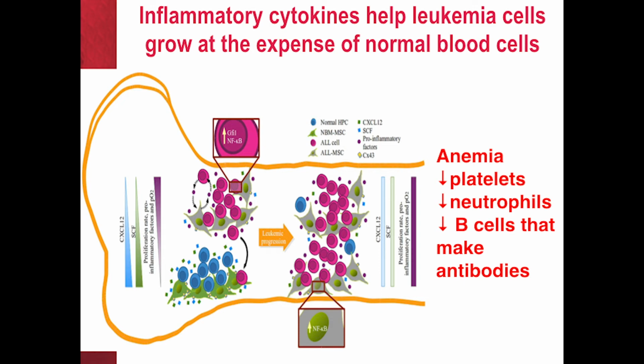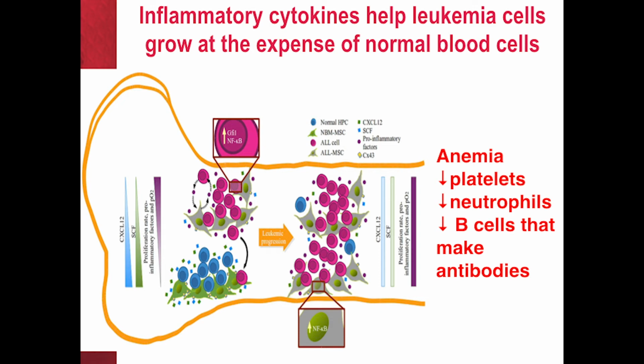These are the normal hematopoietic cells. These are the CLL cells, and moreover, the inflammatory factors can help stimulate the growth of the CLL cells, so that the CLL cells can overtake the marrow, squeeze out the healthy stem cells, healthy bone marrow cells, and then lead to the symptoms of CLL, the drop in platelets, the drop in red cells that cause anemia, and importantly, the drop in normal B cells that make antibodies.